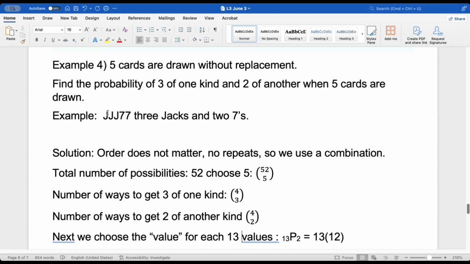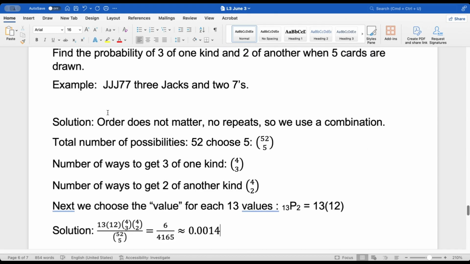So putting that all together, the numerator is the number of ways to succeed. So that's going to be 13 times 12 times 4 choose 3 times 4 choose 2. And then the denominator is the total, which was 52 choose 5.